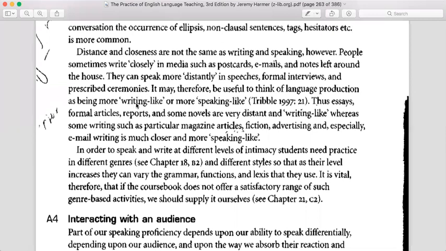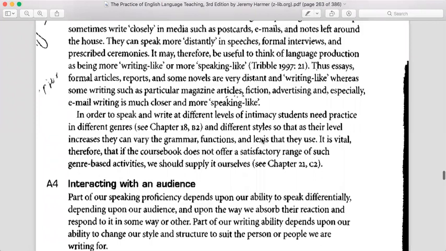And then we say writing like, speaking like. When the language is informal, we say that it is speaking like. When the language is formal, we say it is writing like. But spoken language can be writing like when you are delivering a lecture, you are in an official ceremony, or you are giving an interview, or you're taking an interview, all of this. Okay.